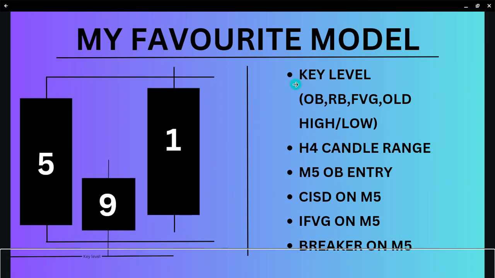So once again, key level, higher time frame, 4-hour, daily, weekly or monthly, 4-hour candle range, 5-minute order block formed after the purge of the previous candle. Once this candle is purged at 9 a.m., you look for all these patterns. These are the patterns which I'm mentioning.